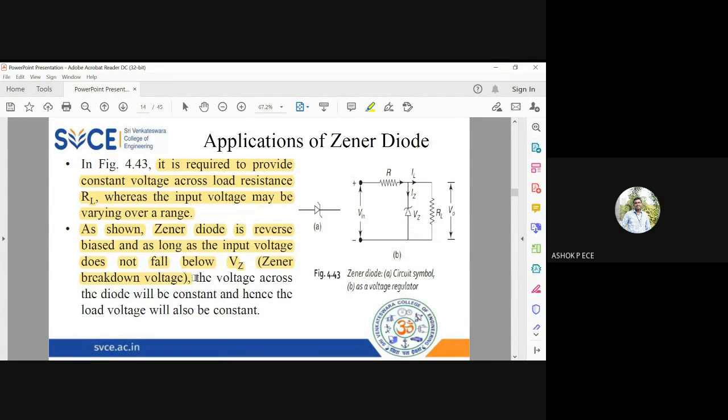Only when breakdown voltage is maintained, the diode will have a constant voltage across it, and whatever load you connect, that load will also have a constant voltage across it. So ensure that Vin is always greater than VZ. At no point let Vin go below VZ, because when Vin goes below VZ, breakdown will not happen, and the Zener diode will not be working as a constant voltage source.